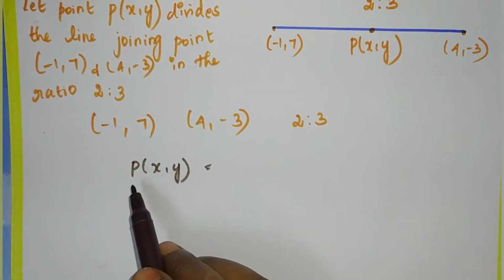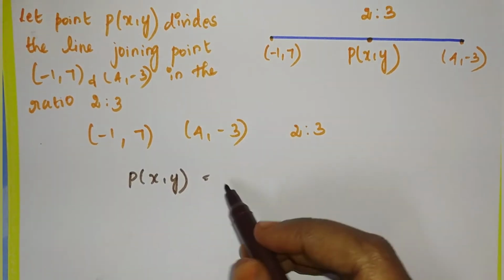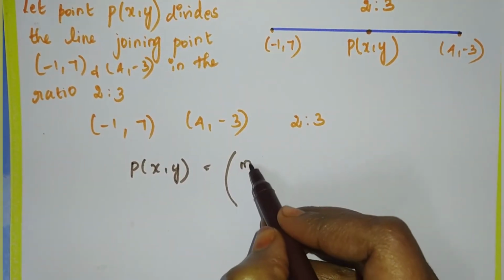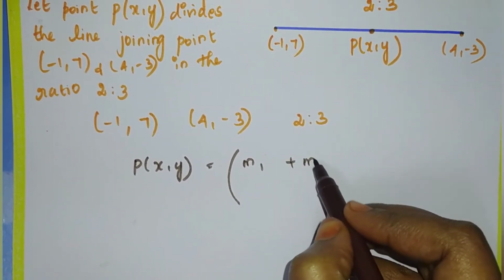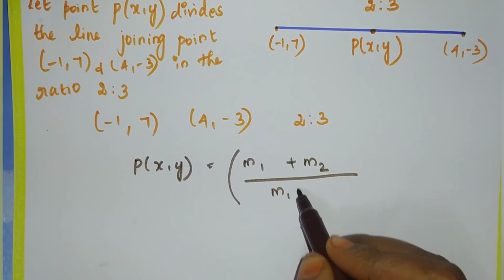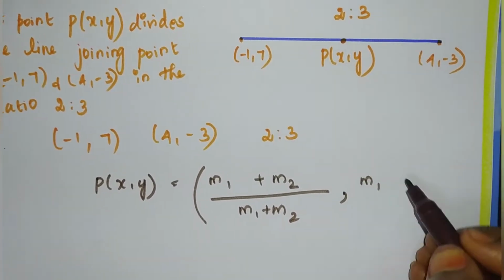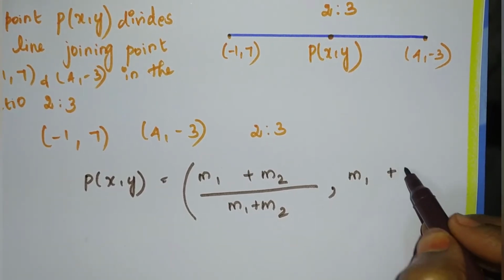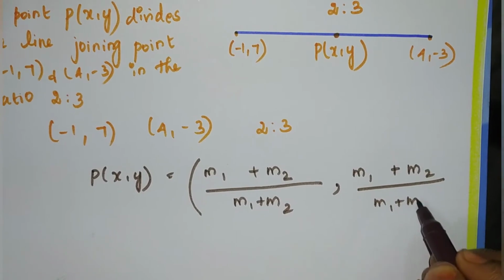So P of x, y is equal to m1, leave some space, plus m2, divided by m1 plus m2.